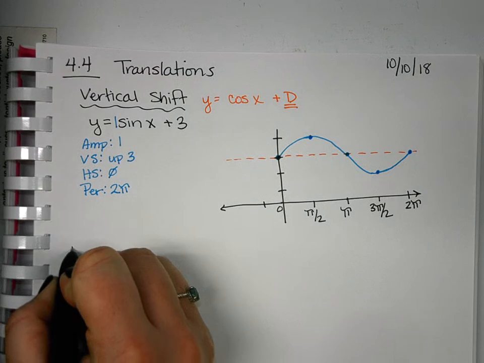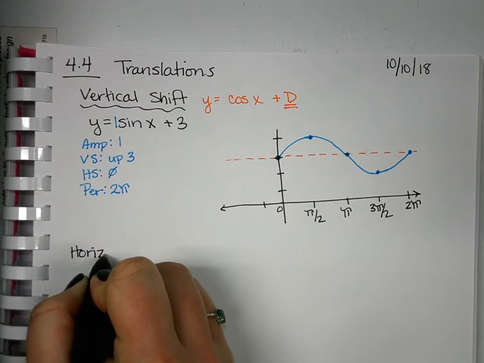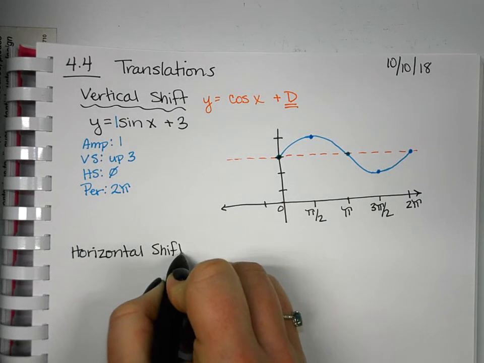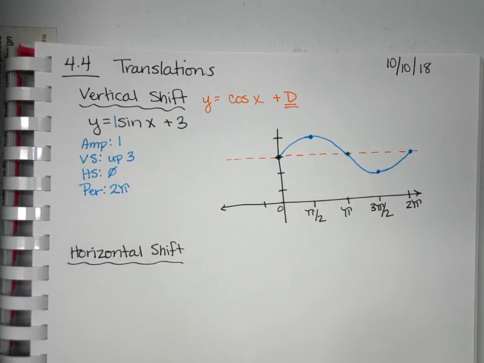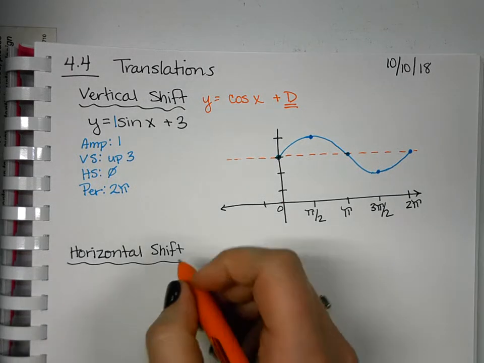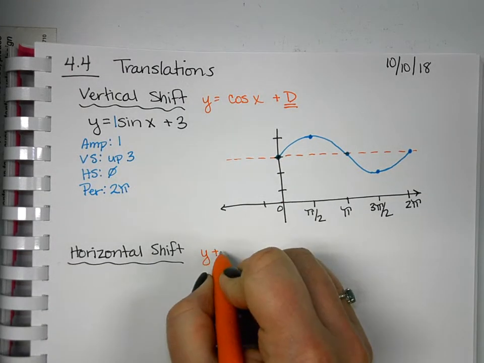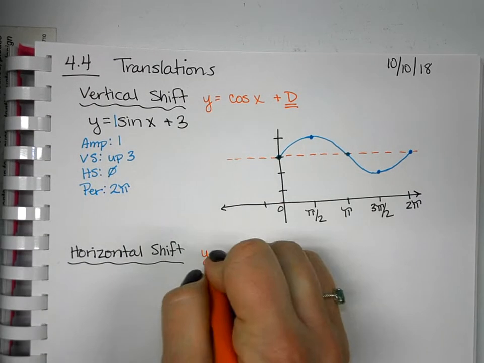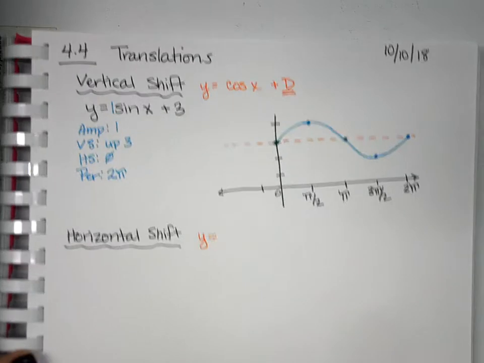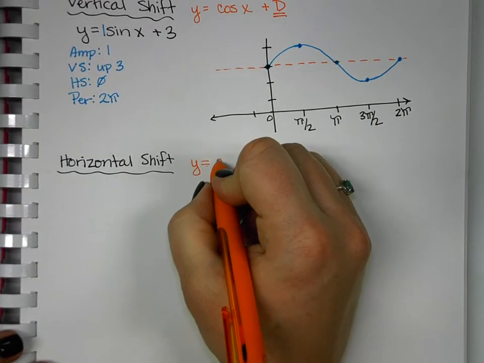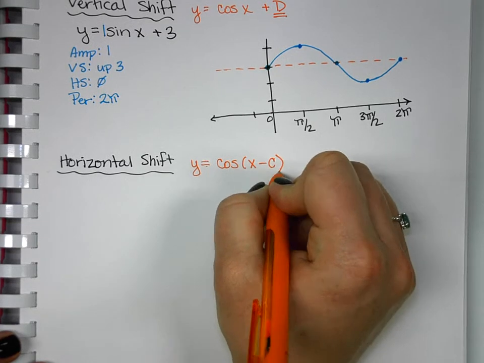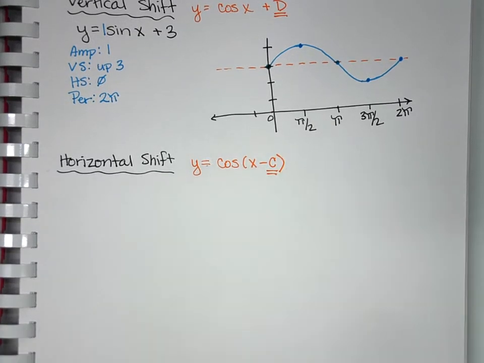Our next type of shift is the horizontal shift. When you have something like y equals cosine of x minus c, this is going to tell you how far you shift left or right.